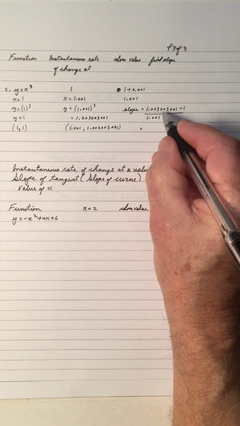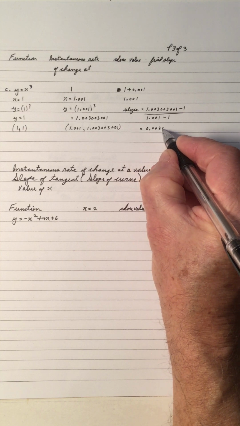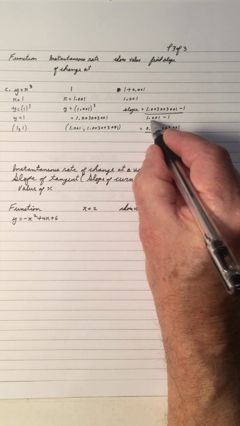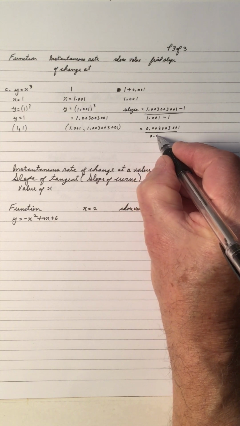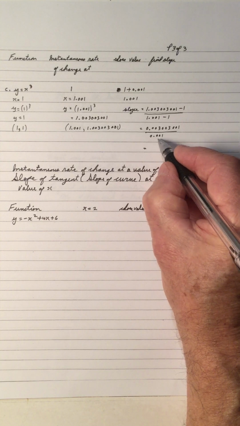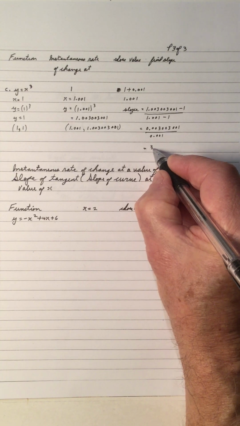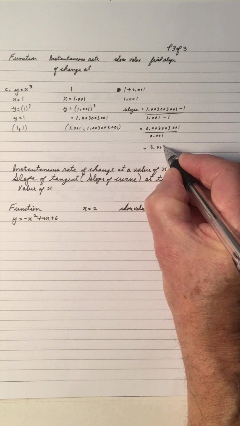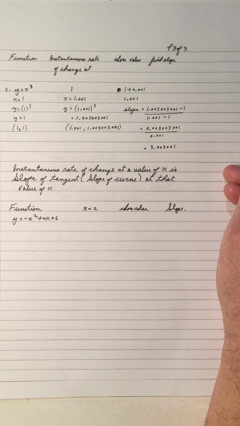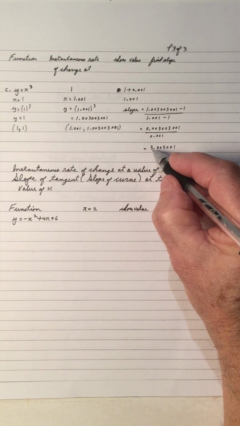When we subtract 1 from this, we get 0.001. Divide by 0.001, we move the decimal three places, and we get 3.003001. So the instantaneous rate of change at 1 is approximately 3.